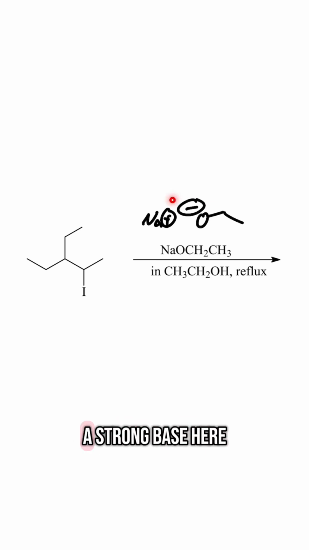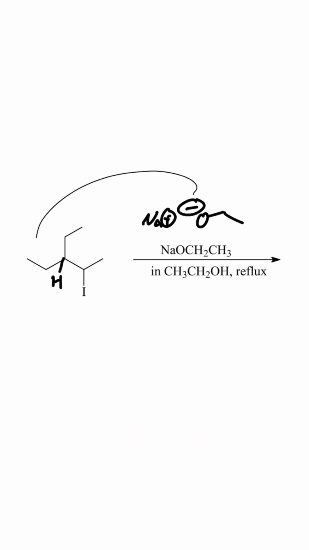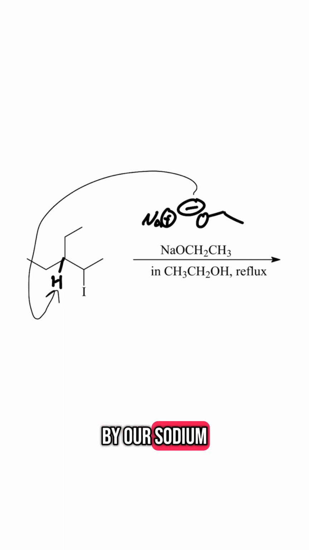And because we said we have a strong base here, an elimination reaction with a strong base is always an E2 mechanism. Remember, E2 means one step. It's kind of backwards. E1's two steps, E2 is one step. So what's going to happen is this hydrogen here is going to get yanked by our sodium ethoxide.